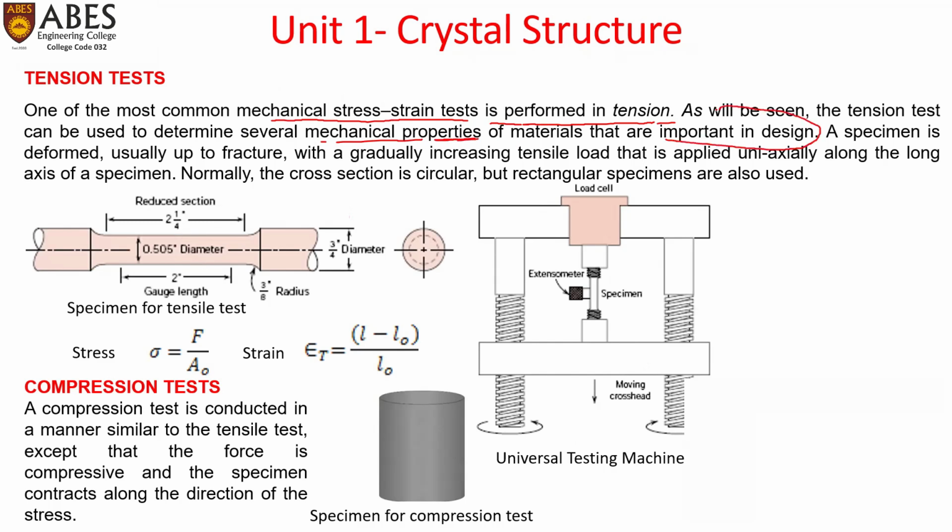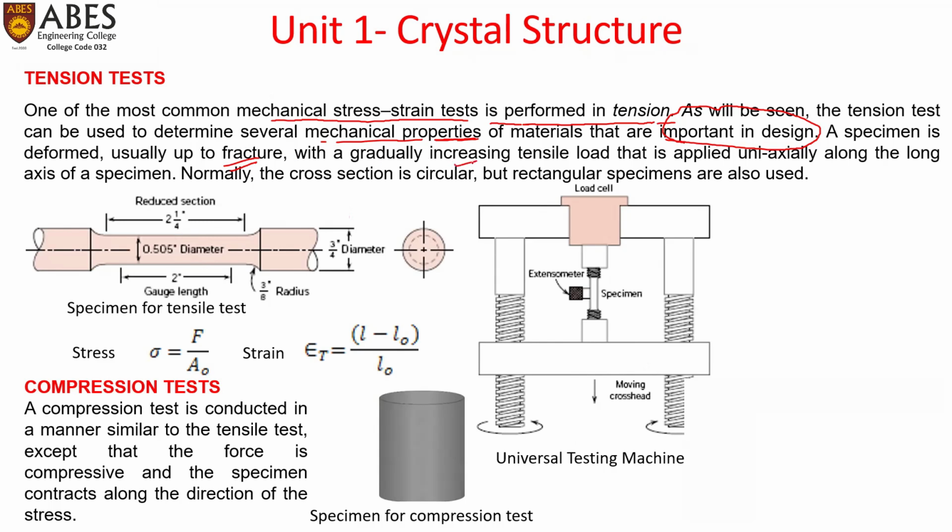From a design point of view, a few mechanical properties are very important while we decide to design a certain product or design the specification of a certain product. A specimen is deformed usually up to fracture. Here in this tension test, the specimen is deformed up to fracture with a gradually increasing tensile load.